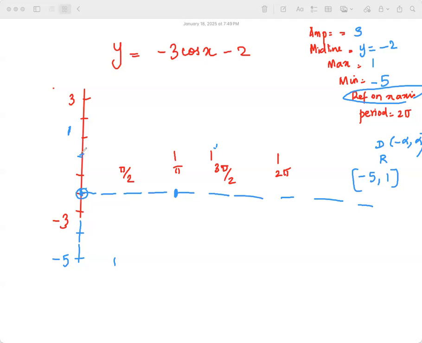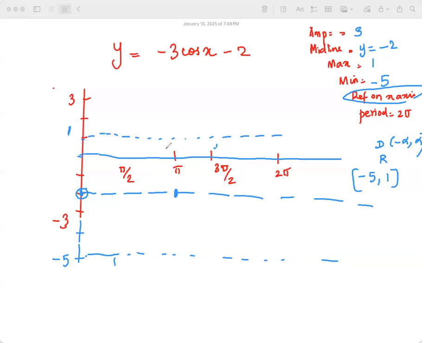So here, let's draw this. The midline is at -2, so this is a 0. Now this is my maximum. Which is my maximum? 1 is my maximum. Which is my minimum? -5. Okay, so I have this. So now my usual cos graph would have been like this.